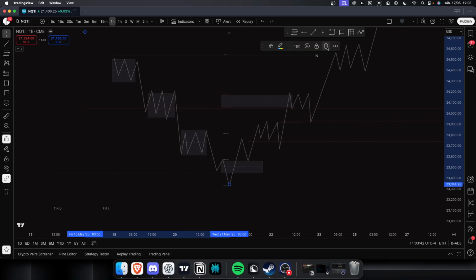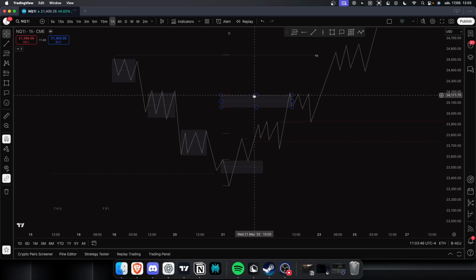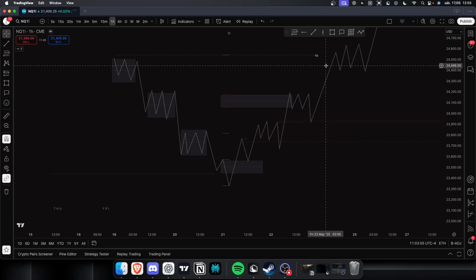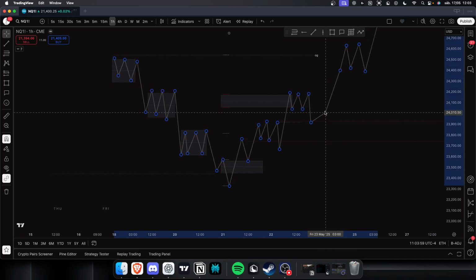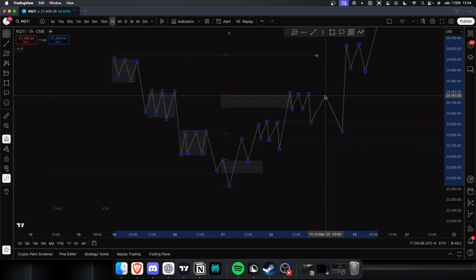But with the manipulation leg, it tells you exactly the area which you should look for a level. Now, this changes the structure a bit, okay? So from there, you'd expect price to reverse from here, and you'll get your reversal entry model from here, whatever it is.